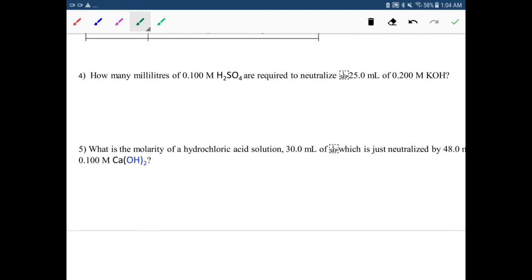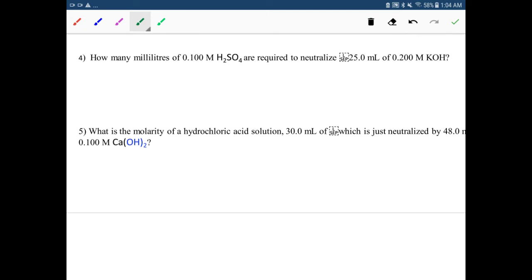Now 4 and 5, this is where the numbers of OHs and H's are different from the acid to the base. How many milliliters of 0.1 molar H2SO4 are required to neutralize 25 milliliters of 0.2 molar KOH?